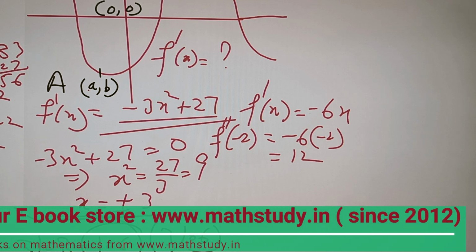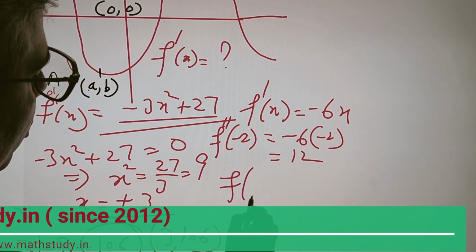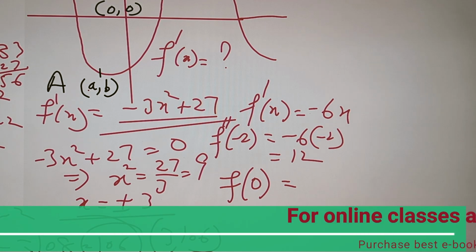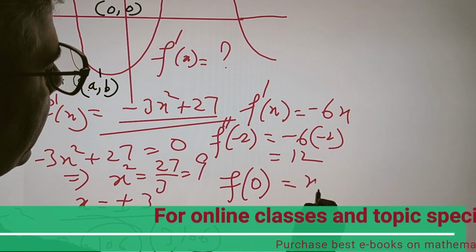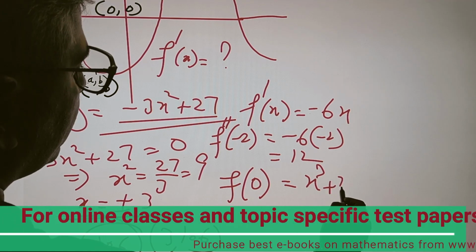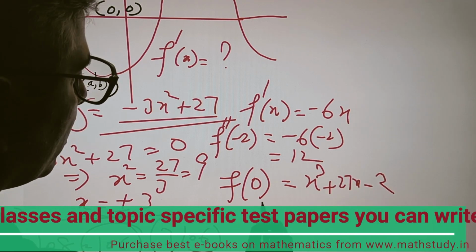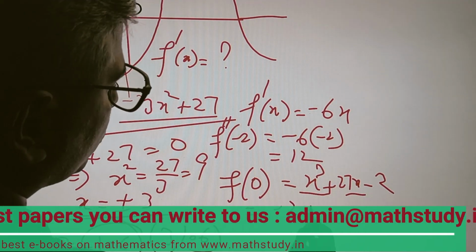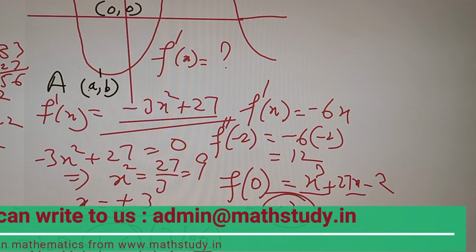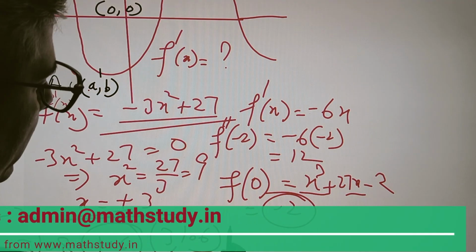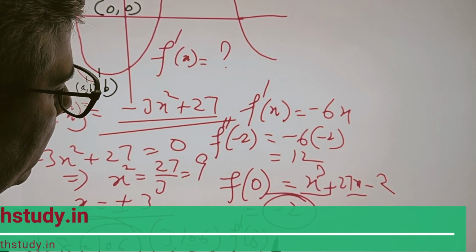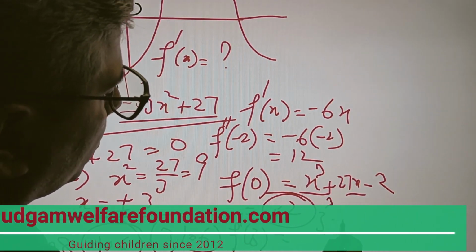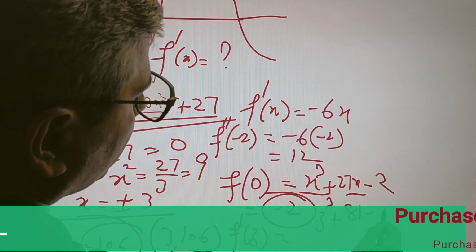Another part is f of 0. We need not find f dash or anything like that. We need to directly substitute in our function, which is minus x cube plus 27x minus 2. So x cube is nothing but 0, so 0 plus 0 minus 2. So f of 0 is equal to minus 2, and we need to find f of 3. We substitute 3 in the function: 3 cube plus 27 into 3 is 81 minus 2.